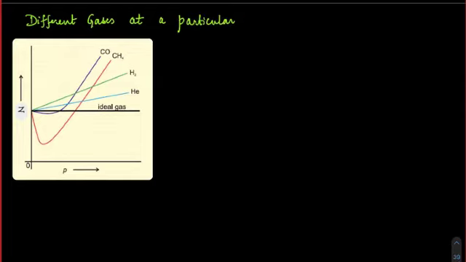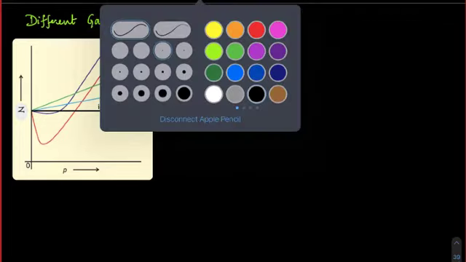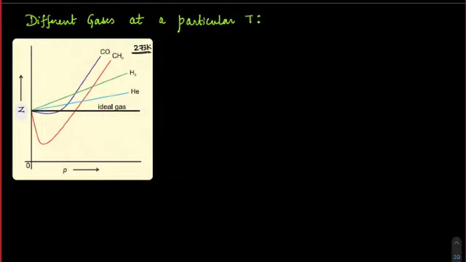This graph was in fact taken at 273 kelvins, which is 0 degrees centigrade. If I plot Z versus P for various gases, we found this conclusion about how the variation is. You can see that for hydrogen and helium, it is always going to be positive. That is what we discussed the day before yesterday.